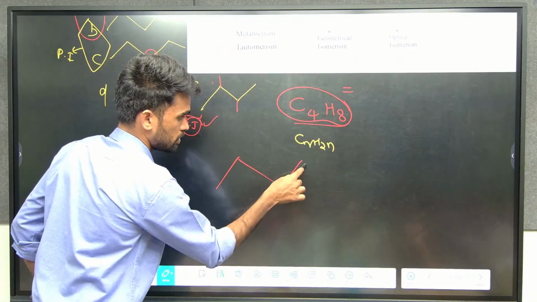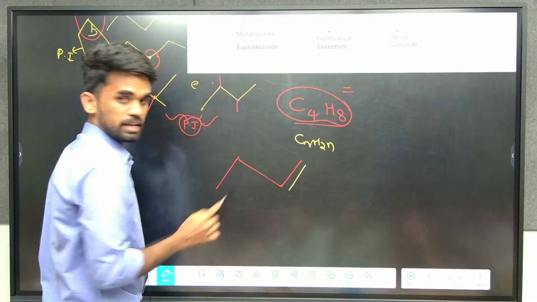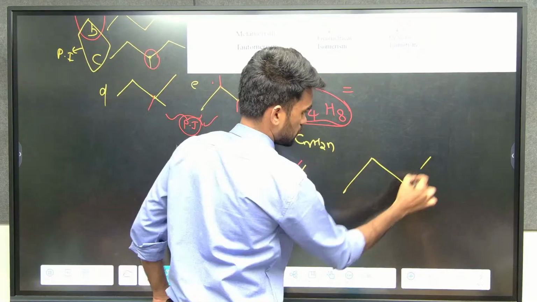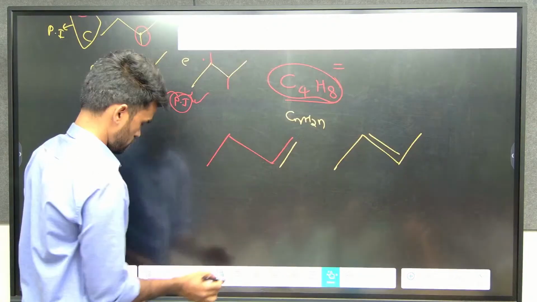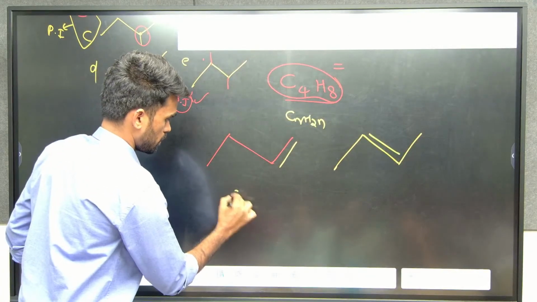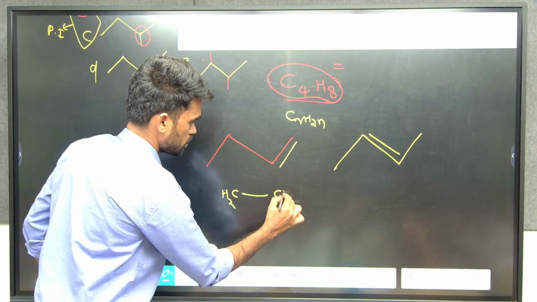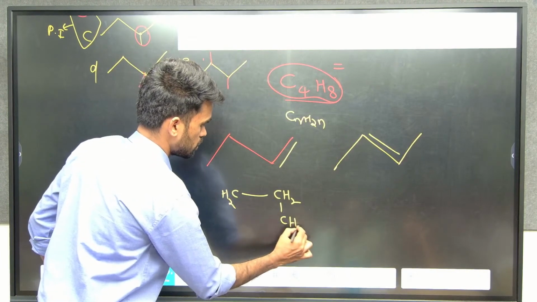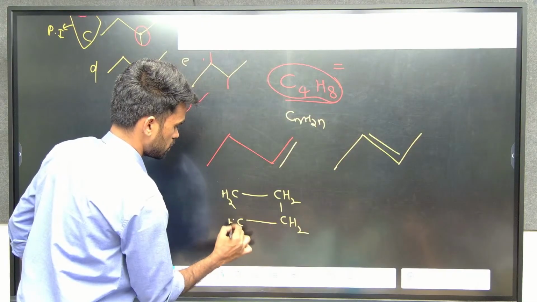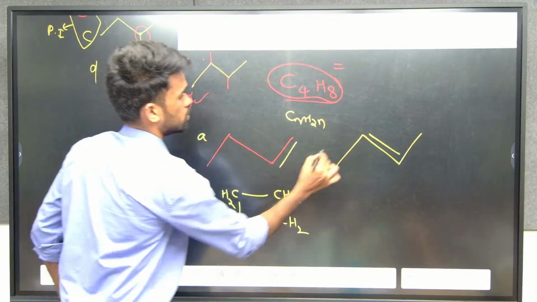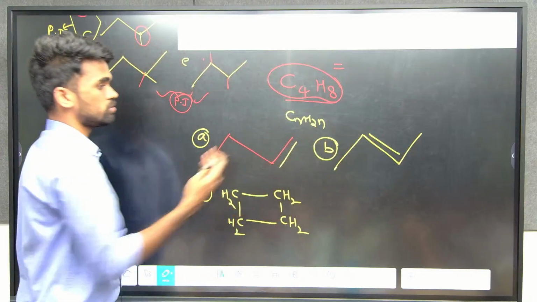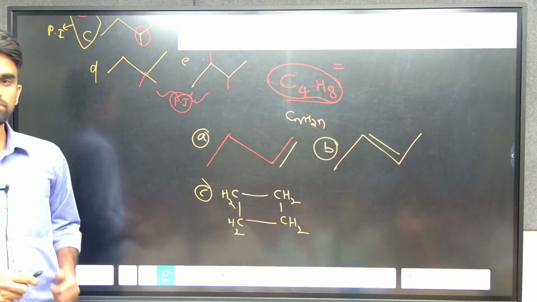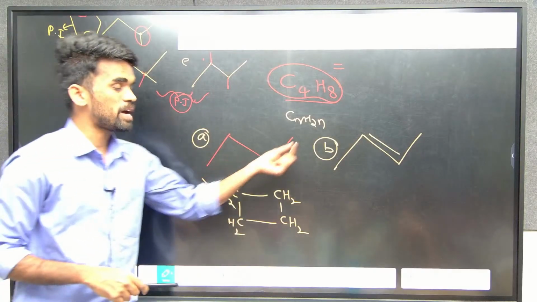4 carbons like this. Okay, next, like this. So now tell me, what is the relation between 1 and 2? Position of pi bond is different.